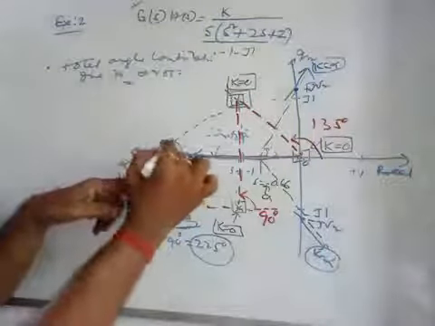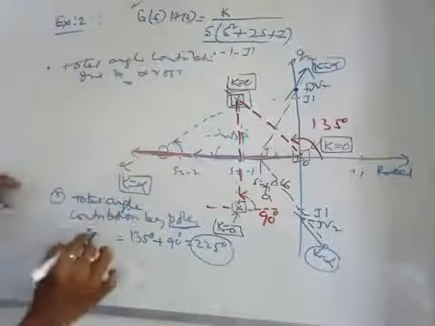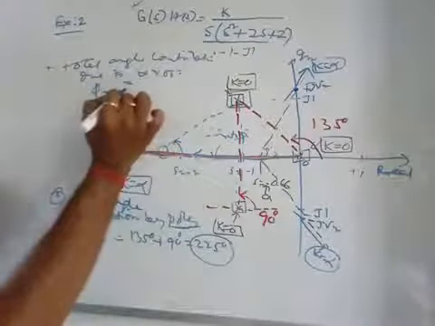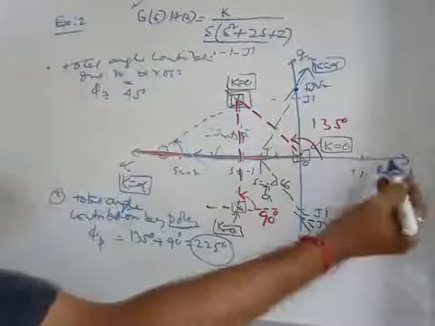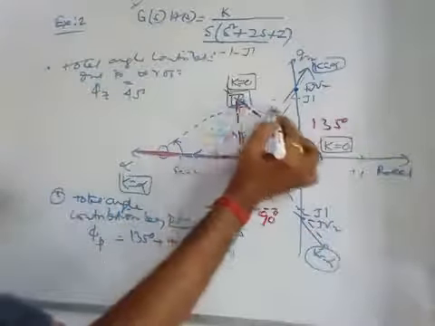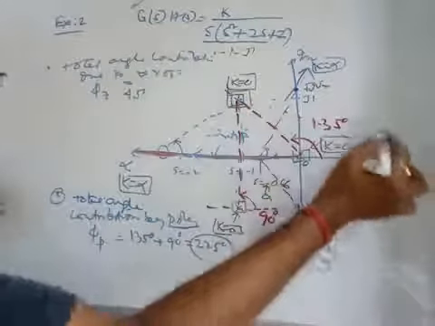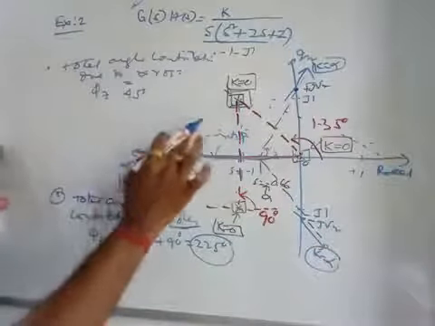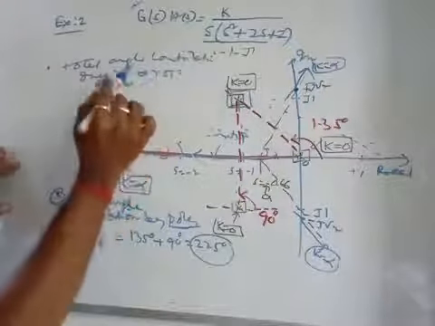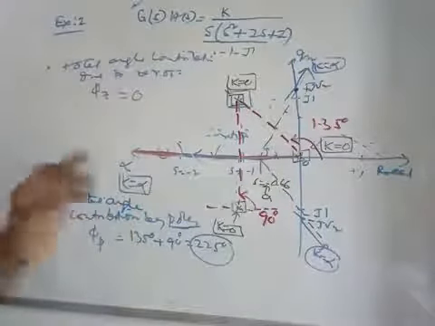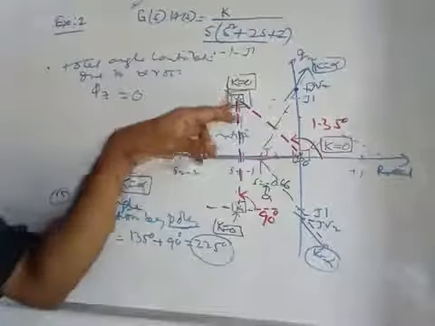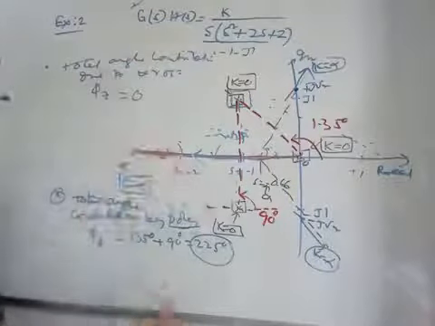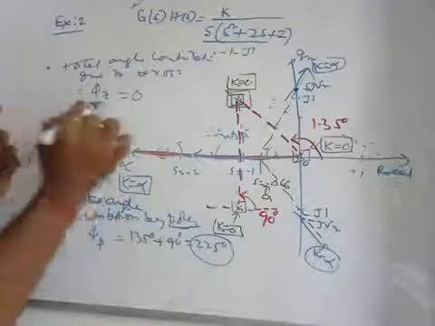So you have measured this angle, that is denoted by, this is phi p, this is phi z. So phi z means, for example, this is 45 degree. If maybe there is a zero, you have to connect this pole with that zero and get the angle, right? So here actually there is no zero. So the total angle contribution due to zero is 0. Clear? So if there is any zero, you have to connect this pole with that zero and get the angle. That angle is phi z. So here there is no zero, so the angle is 0. So phi z is 0, right?